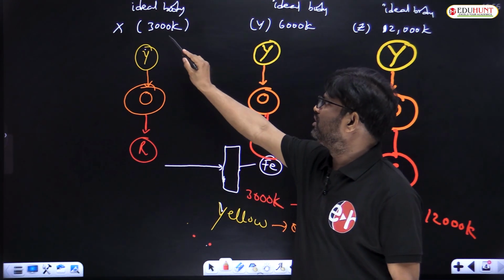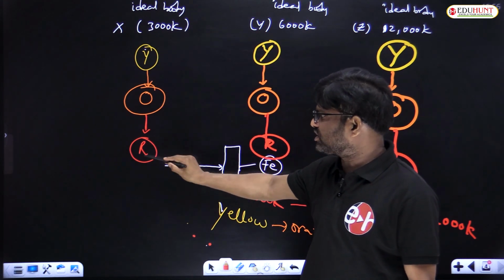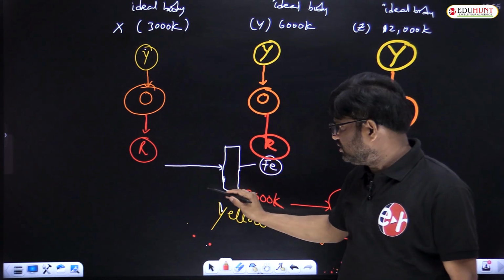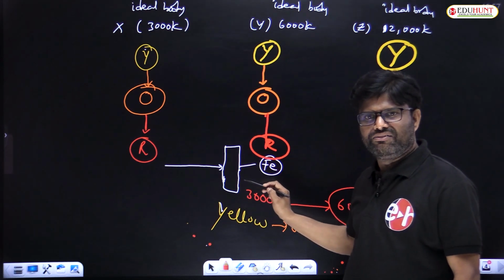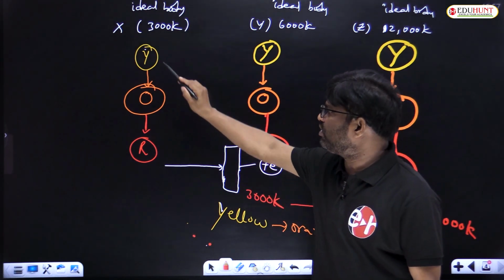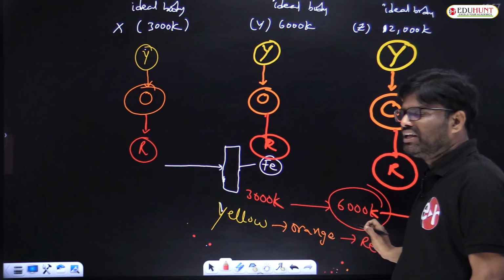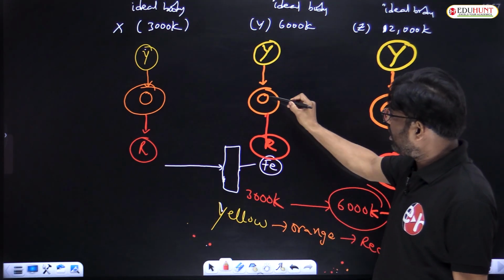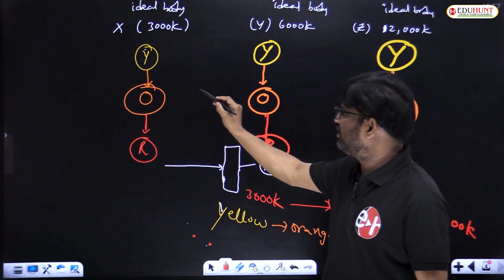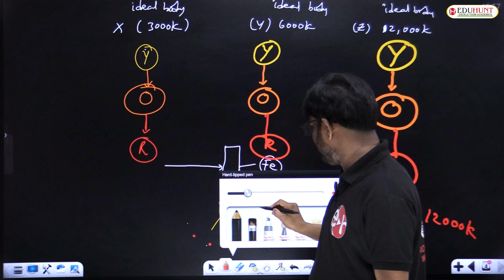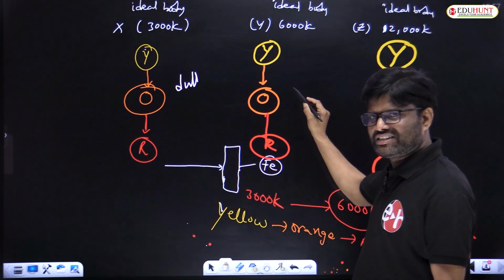At 3000 kelvin temperature, when iron is heated, first it shows yellow, orange and red. Then at 6000 kelvin temperature, it shows yellow, orange, red, but the appearance is dull here. Here the brightness increases.